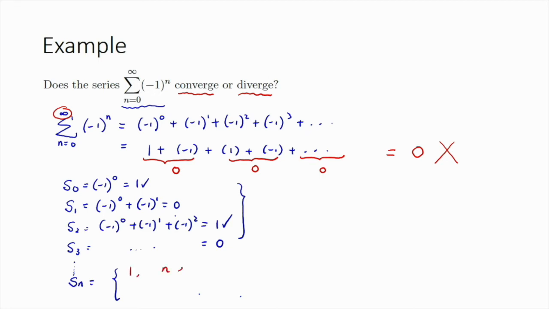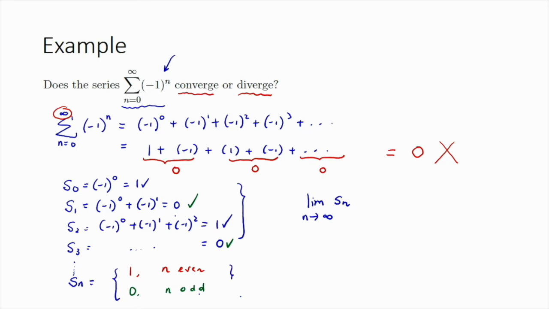So Sn is 1 when n is even, and 0 when n is odd. So whether or not this series converges or diverges depends on what the limit of the nth partial sum is as n approaches infinity.